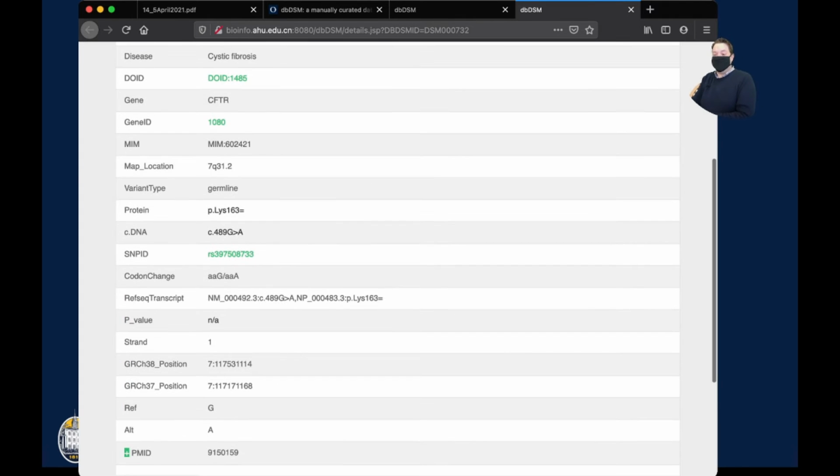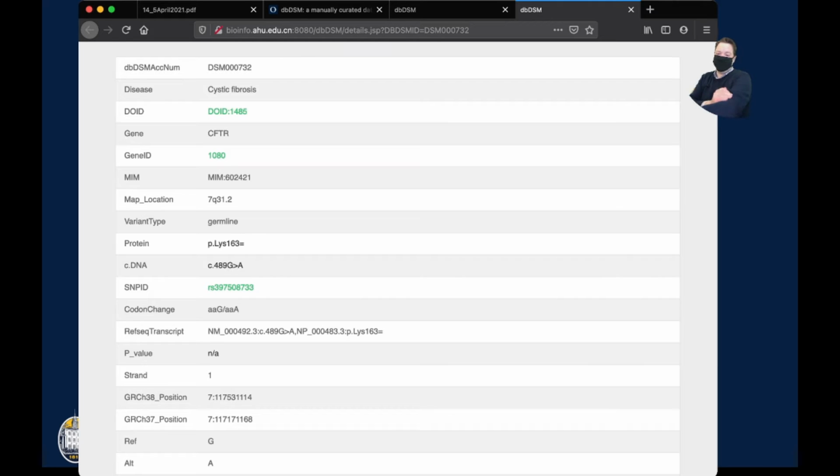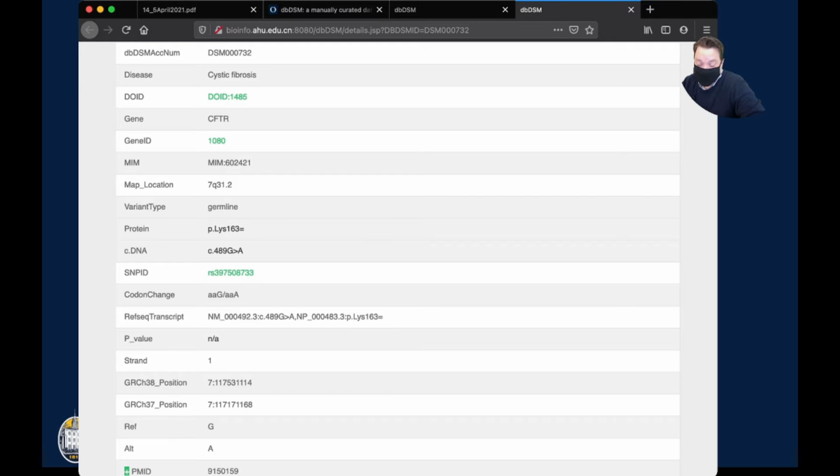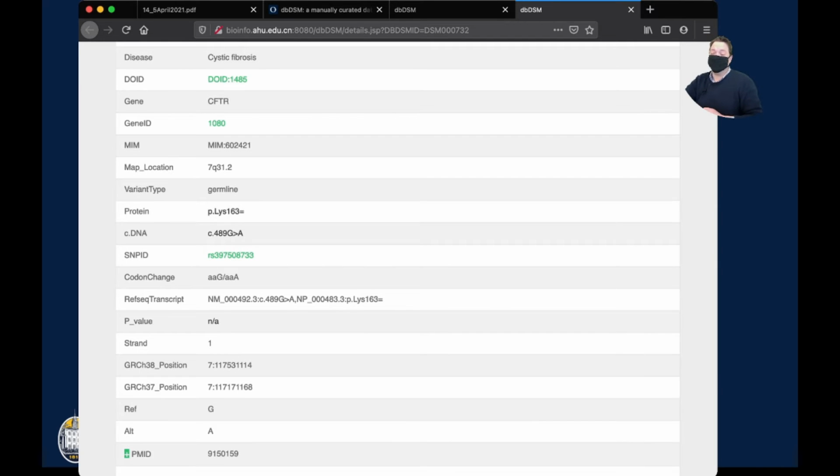But this information explains so much. It explains why the patient who had cystic fibrosis had cystic fibrosis, where it happened in their gene, where the problem originated. The problem happened in DNA, and it was found that some cases of DNA, which were wild type, had Gs, and those people who had cystic fibrosis from the same DNA had, in place of G, an A at position 489.